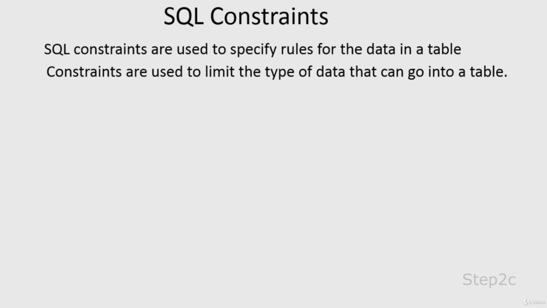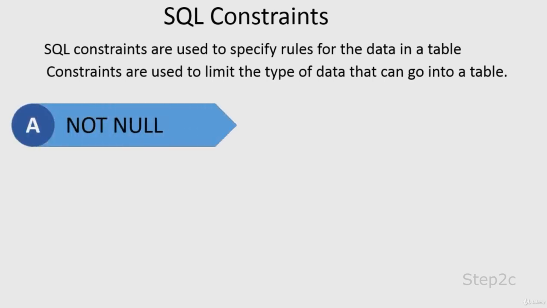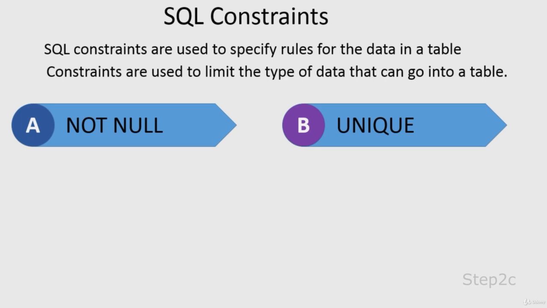The first SQL constraint that we are going to talk about is not null. If you specify a column as not null, say for example employee name, we must insert some value. We can't leave it blank. Similarly, we have a constraint called unique. If you specify a column as unique, we must insert unique data, for example employee number.